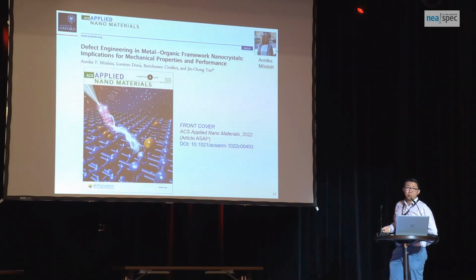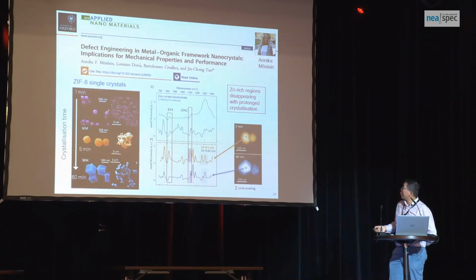Right, I need to wrap up, so no time for case study 3, but this is, again, Annika's work. Going to appear on the front cover. What stimulated this idea, you can talk to her and she'll tell you all about it.